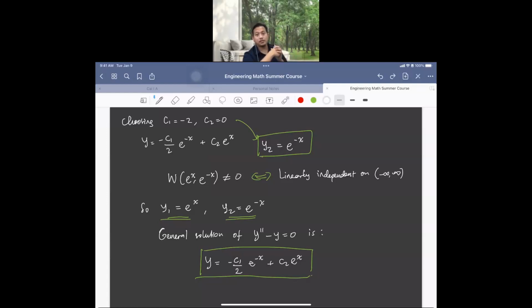We can consider using those also, okay? Because there is no general method in the second order or higher order.